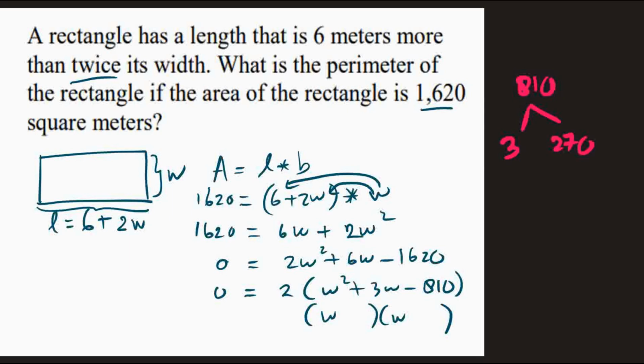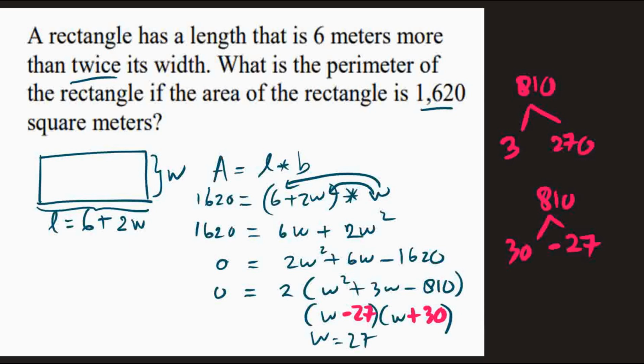Now why don't we make it 30 times 27. So the difference will be 3. So we have to put negative in the smaller number because the sum of the two factors is positive. So minus 27 and plus 30. So w minus 27 times w plus 30 equals 0.